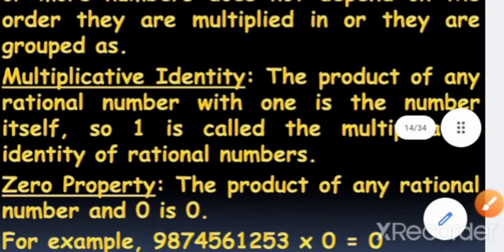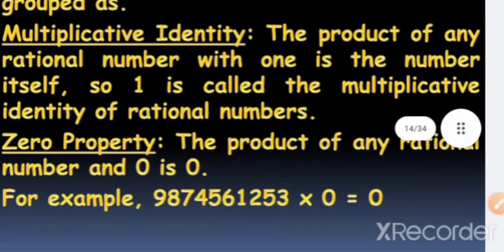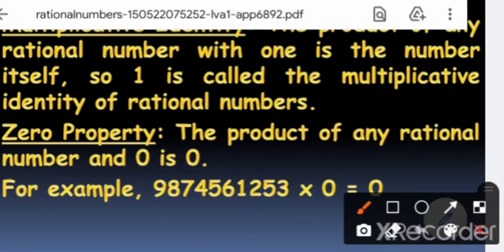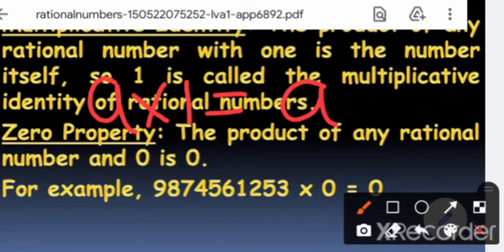Next property is the multiplicative identity. The multiplicative identity says that the product of any rational number with 1 is the number itself. So 1 is called the multiplicative identity for rational numbers. If any rational number is multiplied by 1, the result is not affected. Like if a number is a, multiplied with 1, the result will be the same number a.